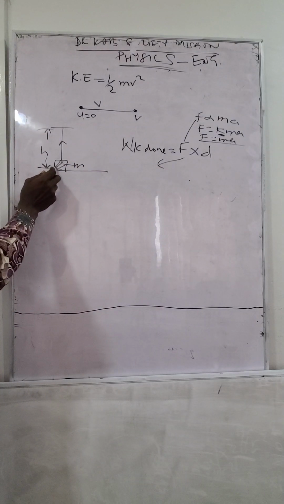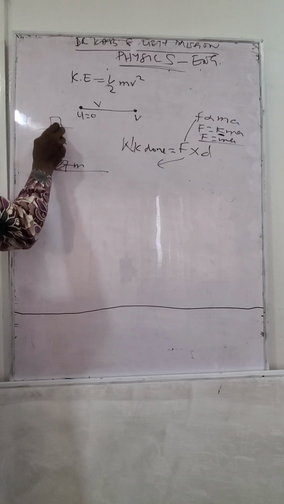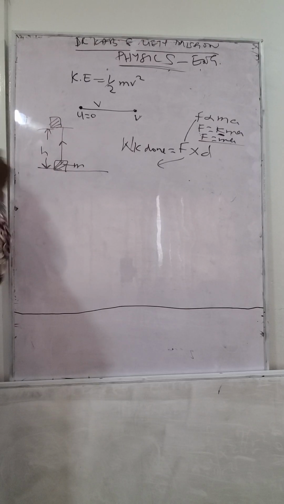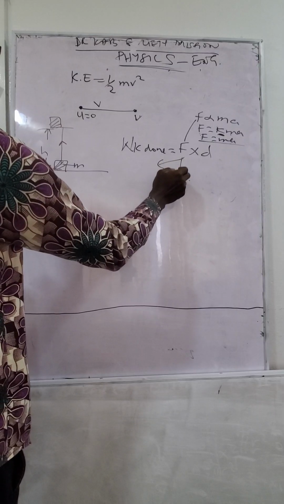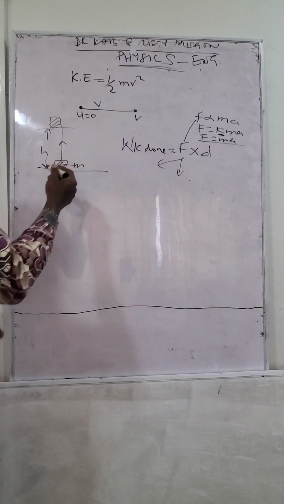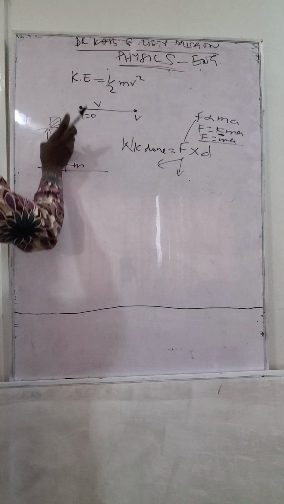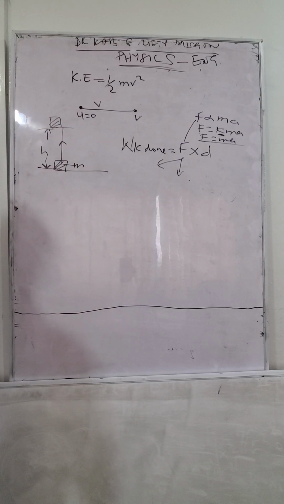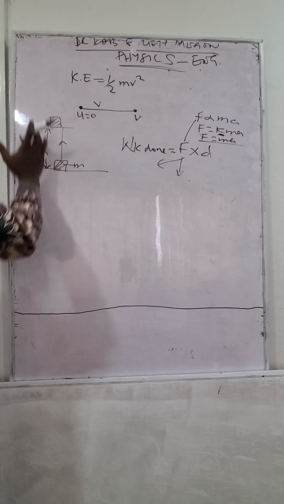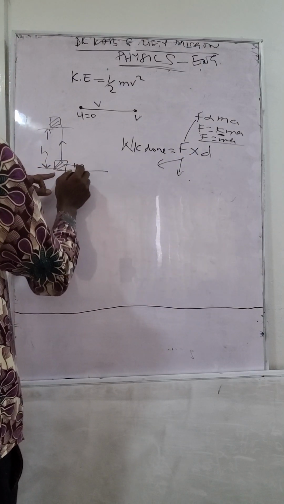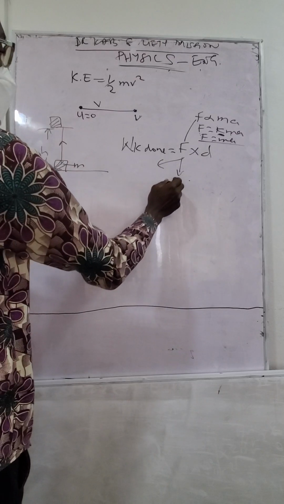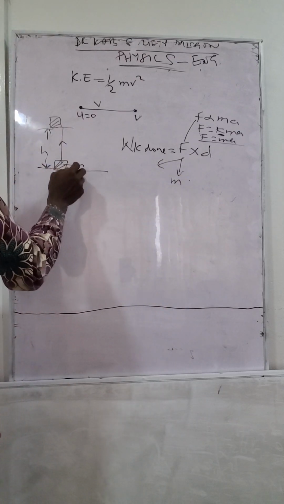If we lift this body through this height h, what will be the work done? Work done is equal to force times distance. What is the force? The force in action, the force which is moving the body through this height. The height becomes the distance. So the force is going to be the mass of the body times acceleration.